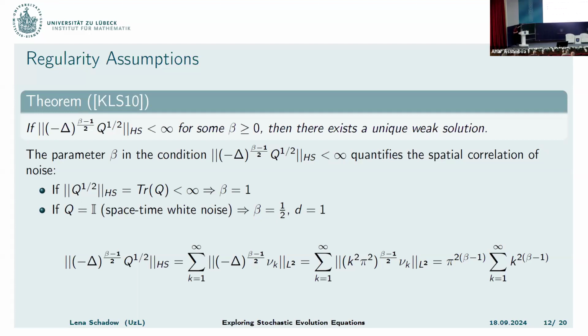And if you have this kind of view, you can already see if the dimension gets to 2, you will never find a beta such that this sum will converge. So that's why this is pointing out that this special regularity we want to have is just possible in one dimension.